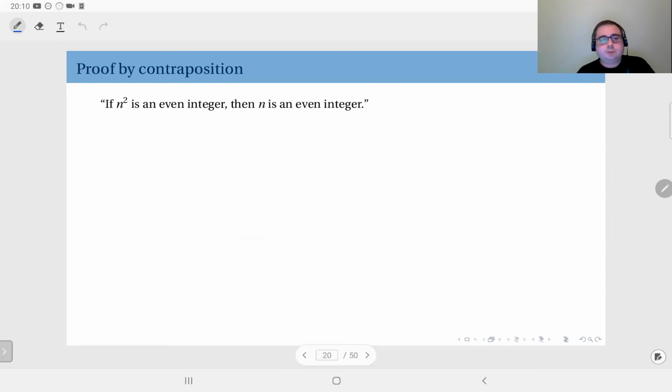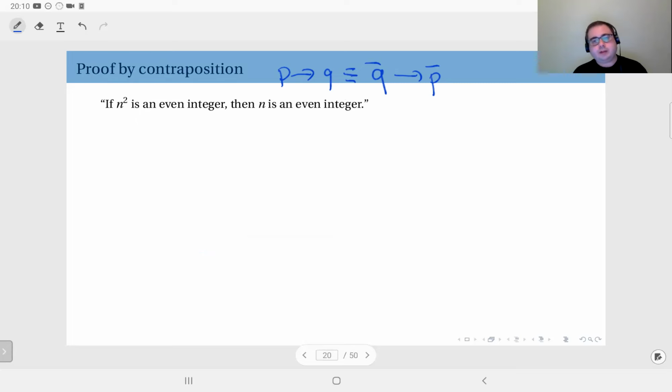Another one is proof by contraposition. If you remember what contraposition was, you have an implication, P implies Q, and the contrapositive is not Q implies not P. If you remember, actually, these are equivalent. So proving one is equivalent to proving the other.